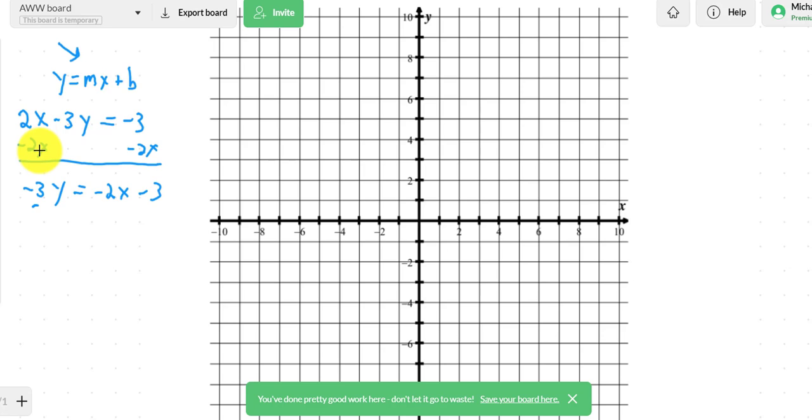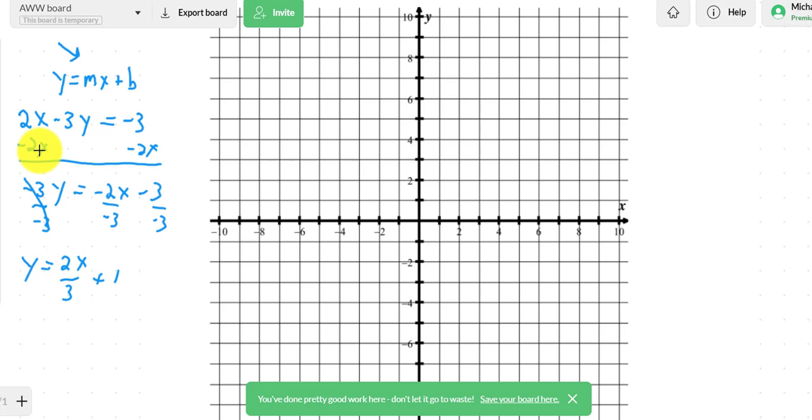Now to get y by itself, I'm going to divide everything by negative 3. Okay? So I'm left with y equals, now I have a negative over a negative. I'm just going to write that as a positive. If you left it negative, negative, that's fine. And negative 3 divided by negative 3 is positive 1.